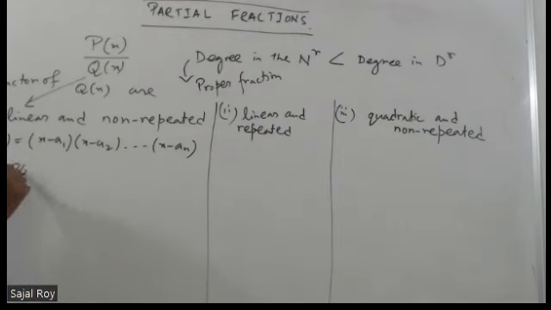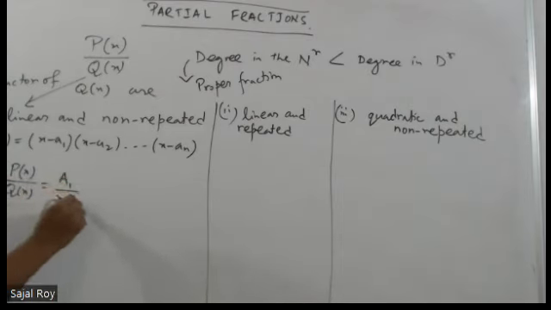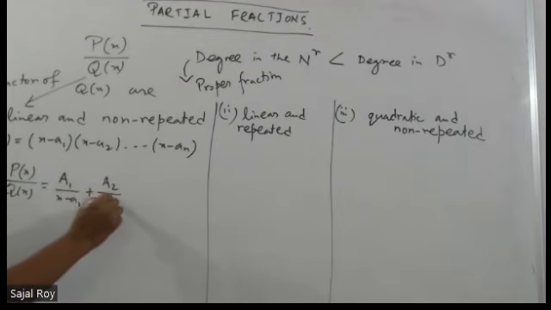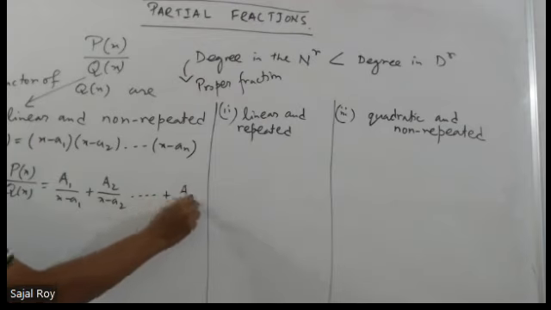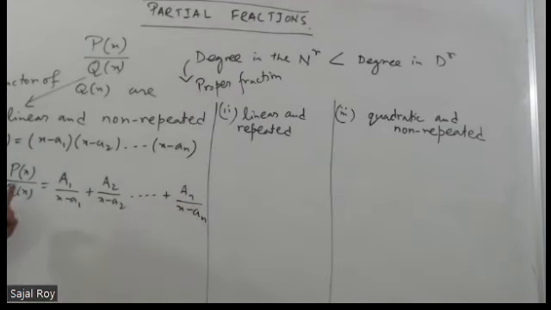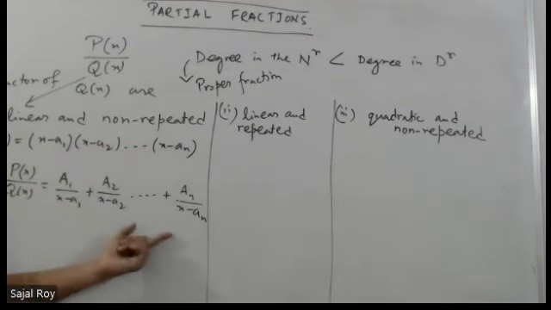In this case you have to assume A1 over (x minus a1), A2 over (x minus a2), etcetera, plus the last one, An over (x minus an). A1, A2, An are constants to be determined by equating the like powers of x or by substitution. I'll show you. So if the factors are non-repeating and linear, then you have to assume this.